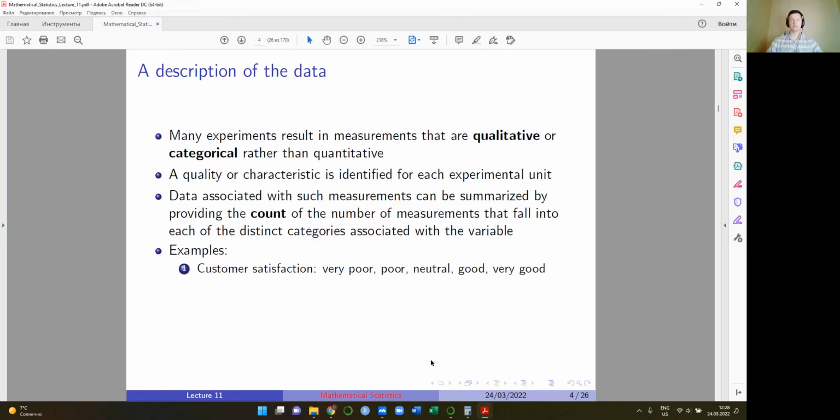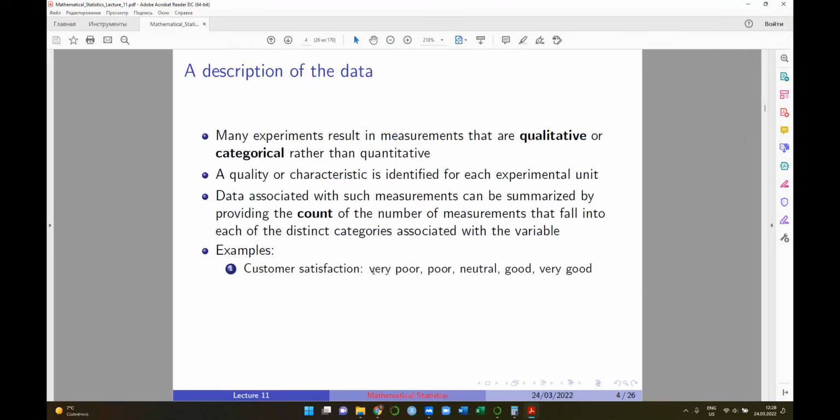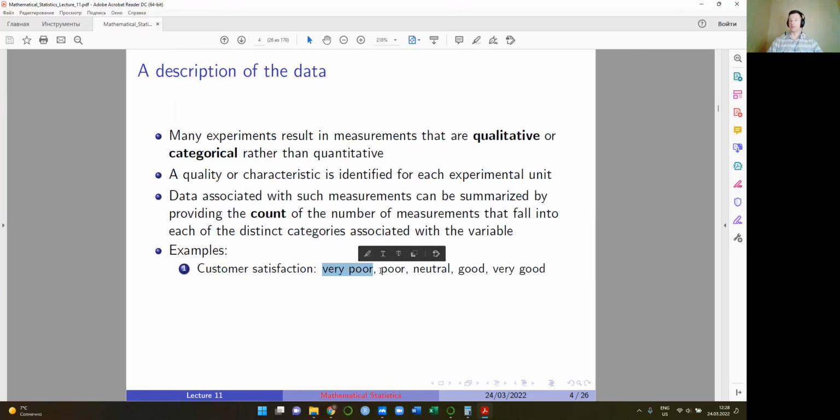or levels. But what we are able to do, we are able to count how many people, how many customers responded very poor, how many customers responded poor, how many customers responded neutral, and so on.